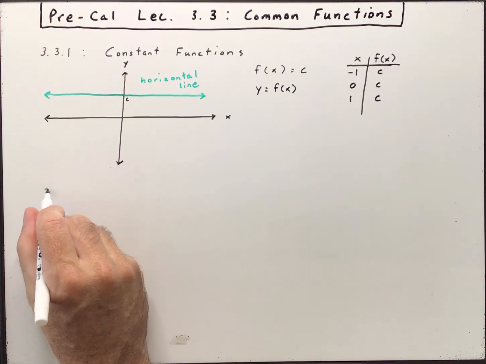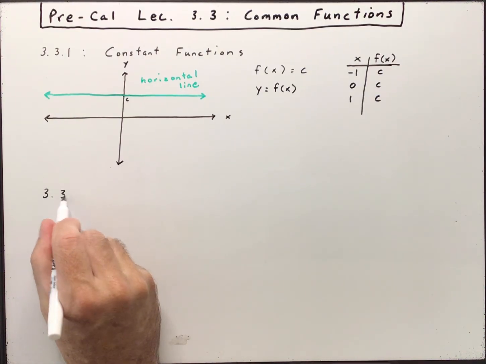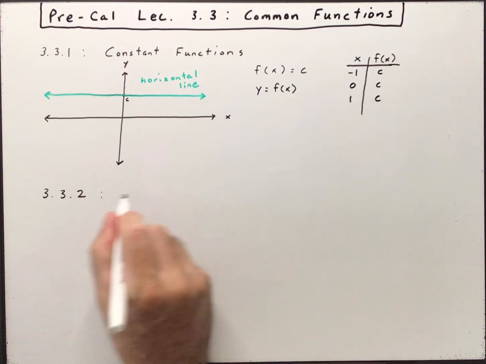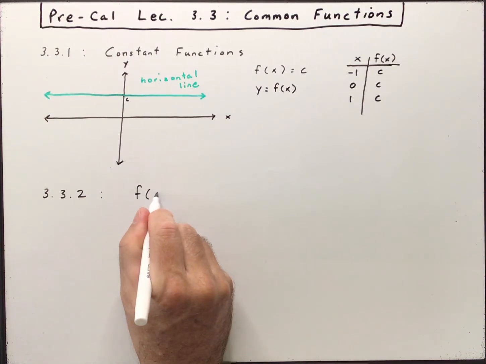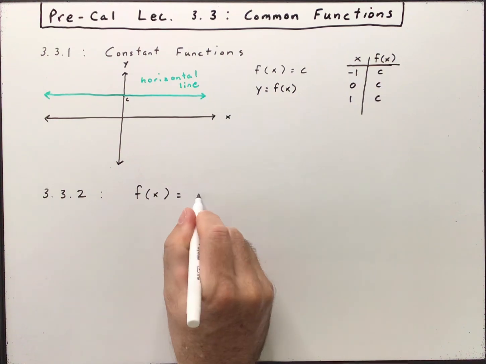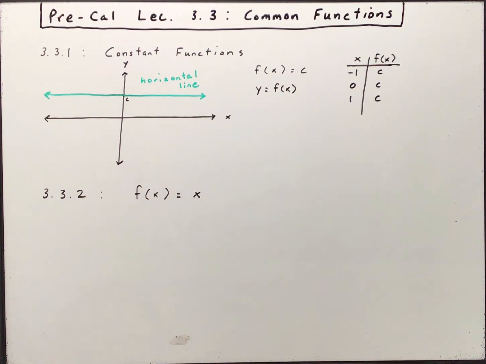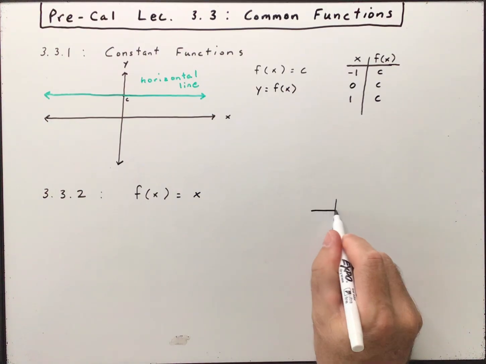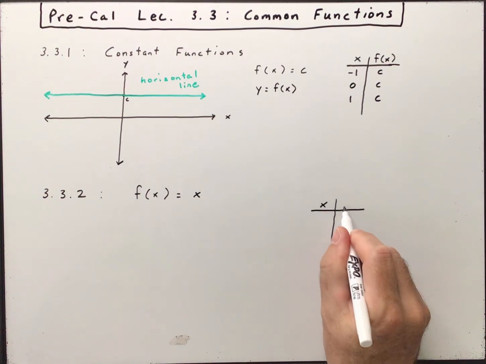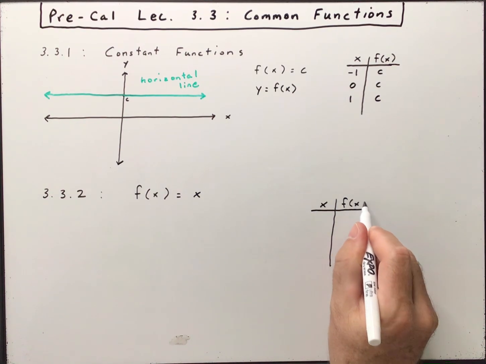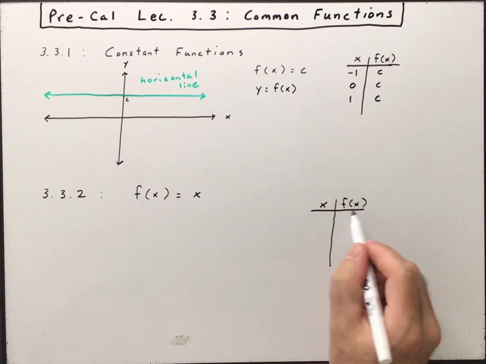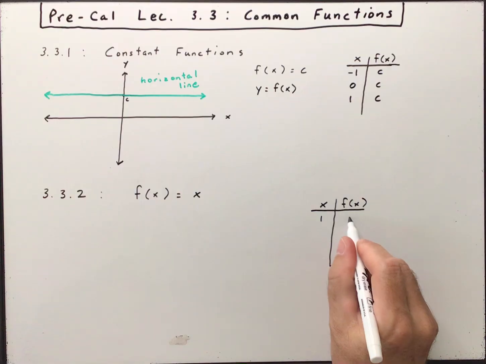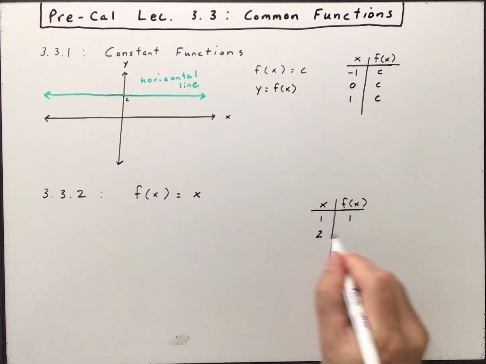Okay, for our next common function, it's going to be f of x equals x. So if we want to have a table of values for this, no matter what x is, the y value, which we're calling f of x, is going to be the same. So if x is 1, y is 1. If x is 2, y is 2.